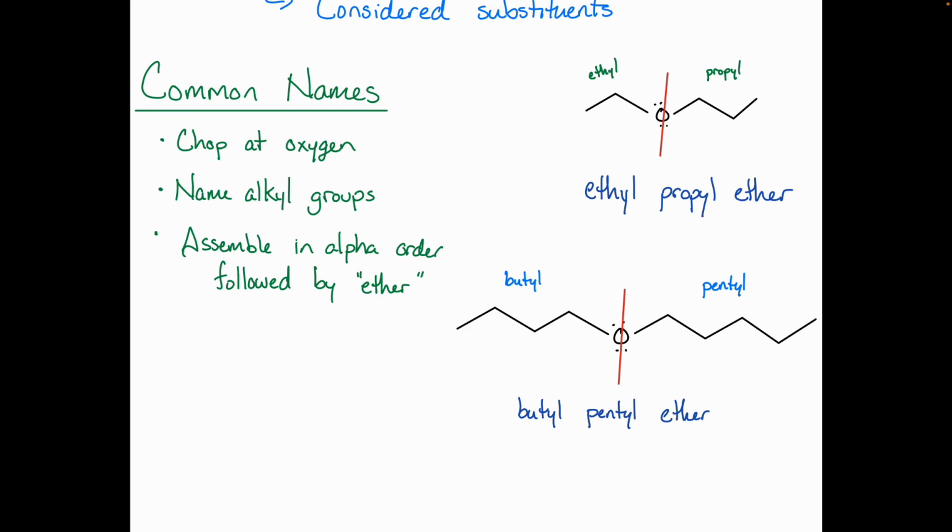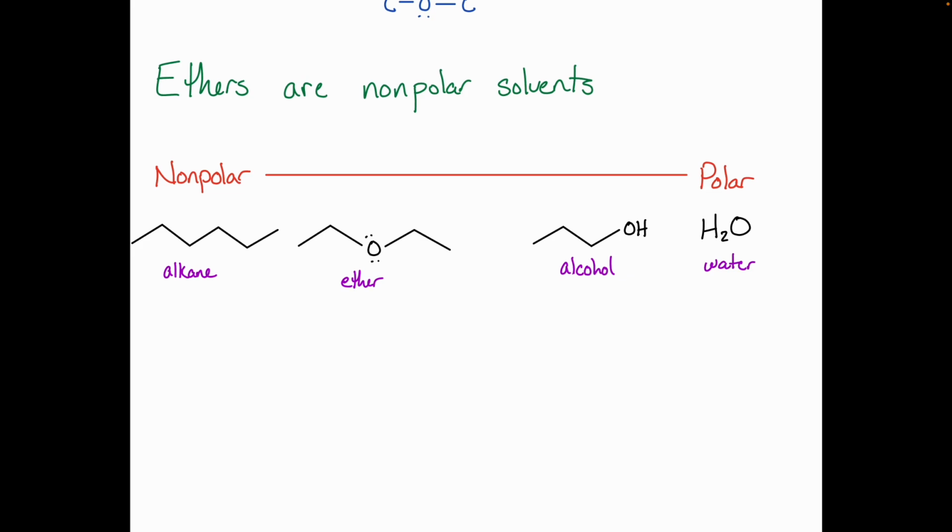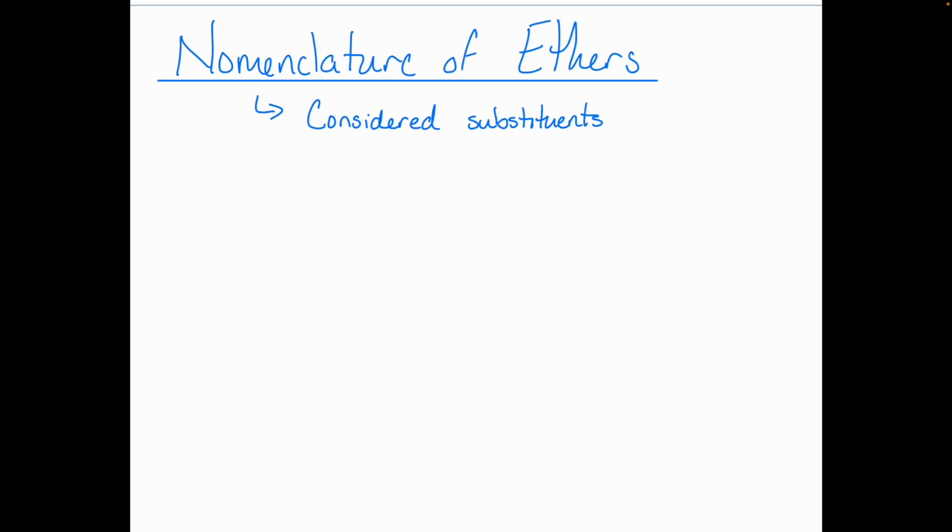As soon as there are multiple branch points going on or any other substituents, a chloro group, all of a sudden these common names go out the window. So it only really works for our straight chain ethers, which turns out to be the most common. There's not a lot of crazy ethers that you'll encounter in the wild because, again, they're kind of boring functional groups. They're typically just used as solvents. But nonetheless, don't worry, the IUPAC has a way to name any and all ethers that you might stumble upon.